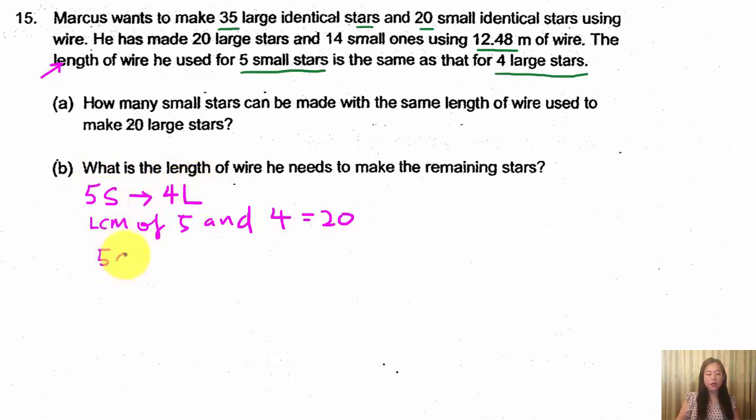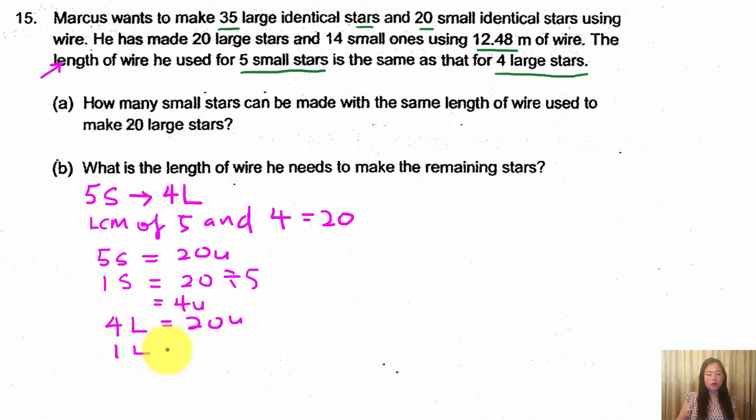So if 5 small stars is equivalent to 20 units, so 1 small star is equal to 20 divided by 5, which is equal to 4 units. If 4L is equivalent to 20 units, then 1L is equal to 20 units divided by 4, which is equal to 5 units.